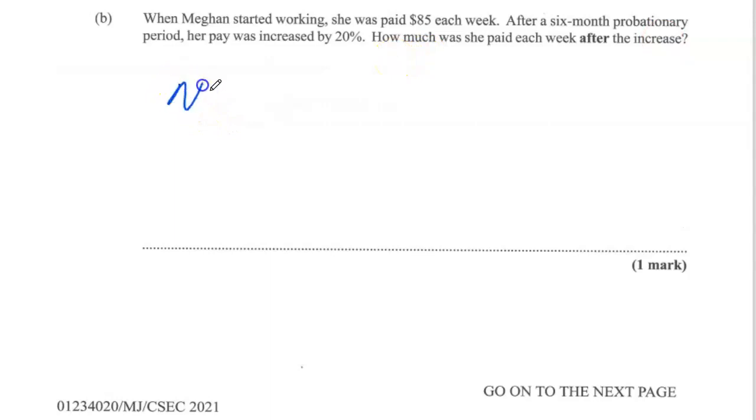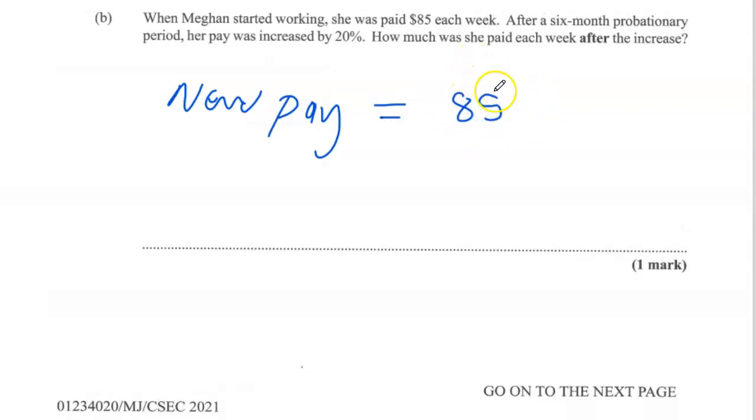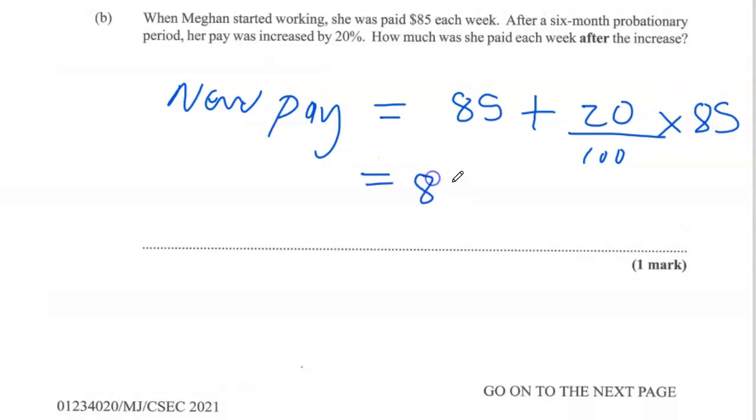So of course the new salary, the new pay, new wages, whatever, would be $85 plus the increase, which would be 20% of the original $85, right? So this would be 85 plus 20% of 85.